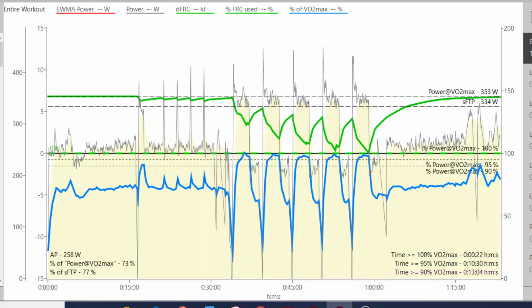But there's a couple things that you can see that are different here. Again, we look at FRC, and we also look at the percent of VO2 max, or power at VO2 max. And the other thing we can look at, just looking at this, you can see 3-minute intervals, and the recovery duration is less than before.